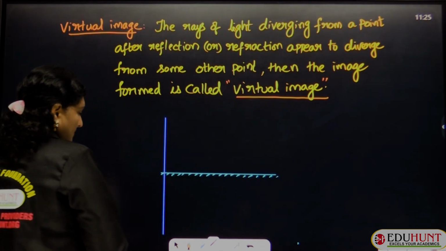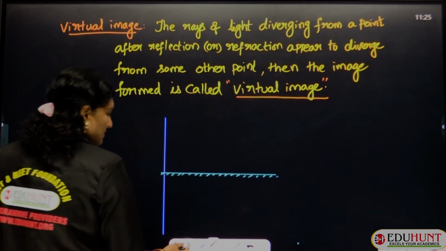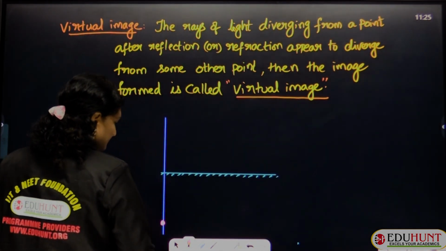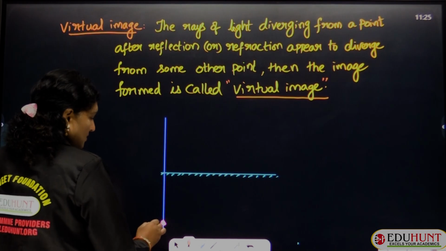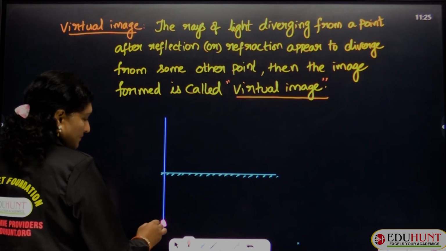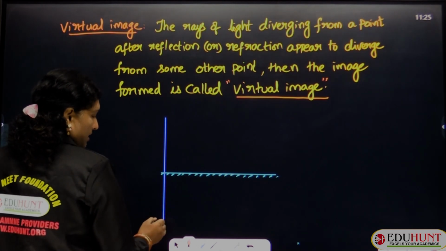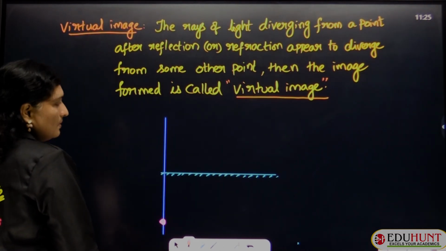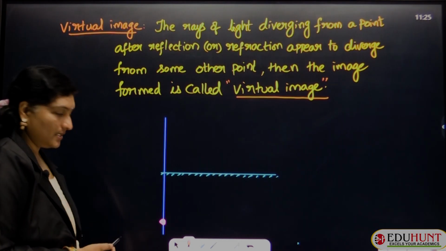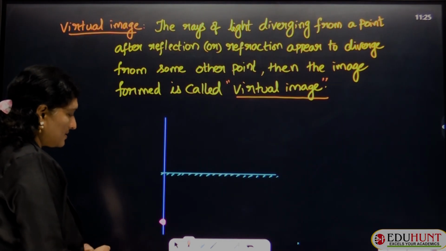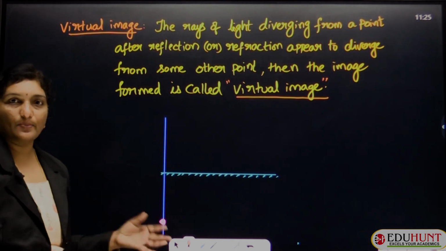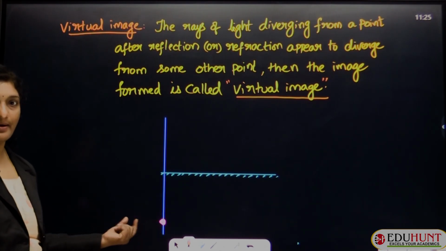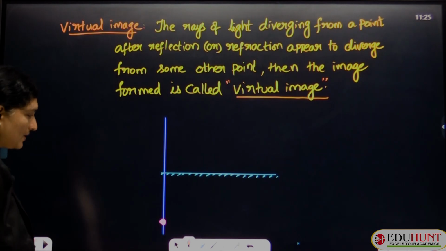Let us suppose that there is an object lying here. From this object I want to see the image. This is O, the object. In order to see this object, some light rays must be emitted, coming out from this object.